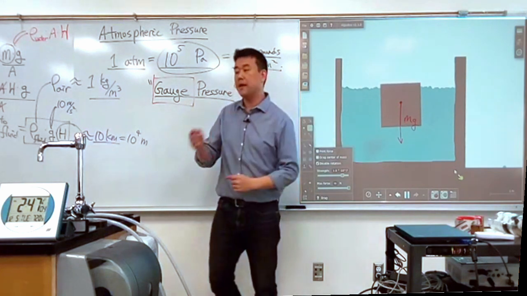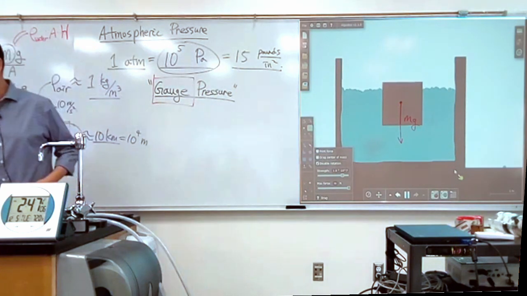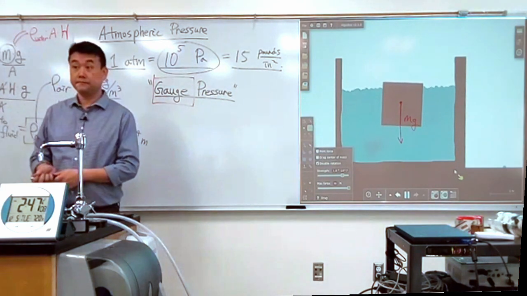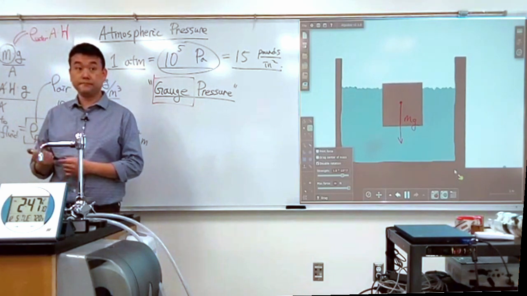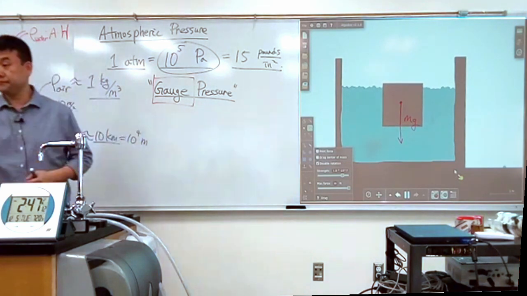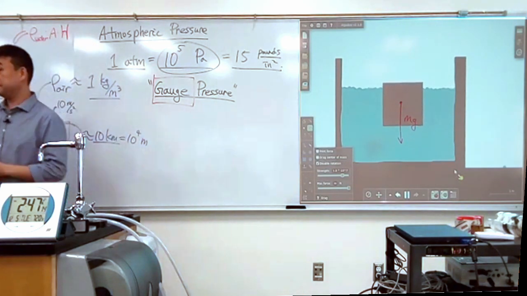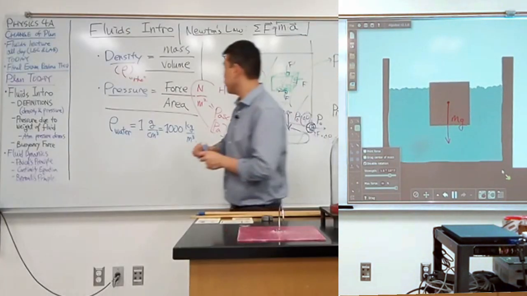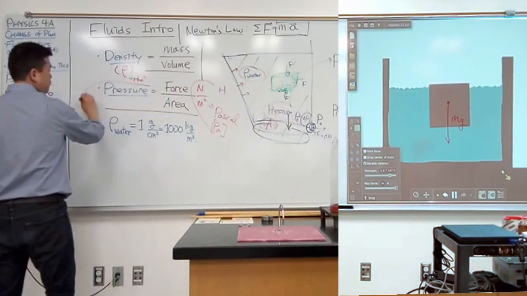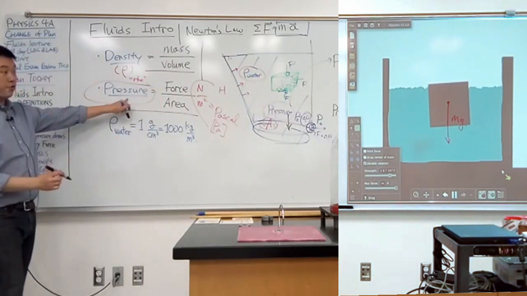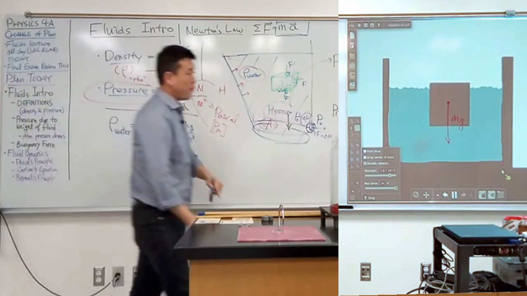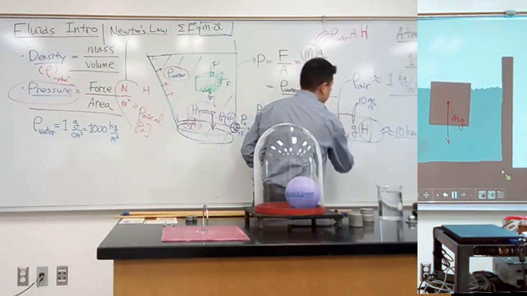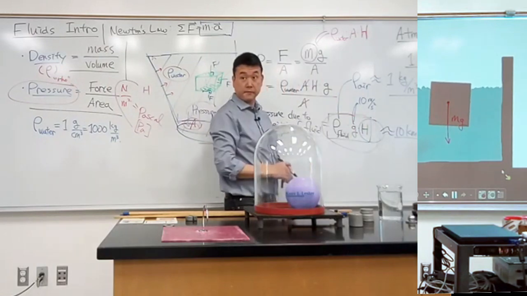Or how would you describe the force that the fluid is applying? Steven? The pressure. Yeah. You go through the intermediate description of pressure, because when you go through pressure, you have a way of describing the pressure inside the fluid.